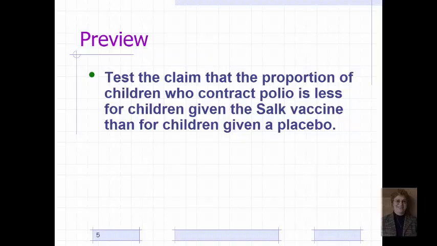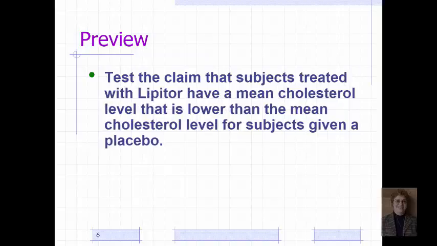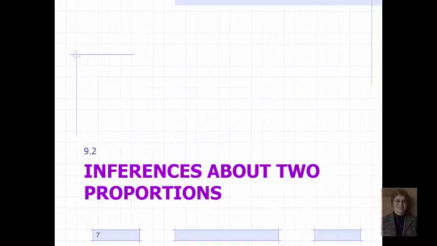And this actually was a test that was done in the beginning with the polio vaccine. We might want to test the claim that subjects treated with Lipitor have a lower cholesterol level than subjects given a placebo. So again, we're going to talk about inferences about two samples. And as we have in the past, we're going to start with proportions.